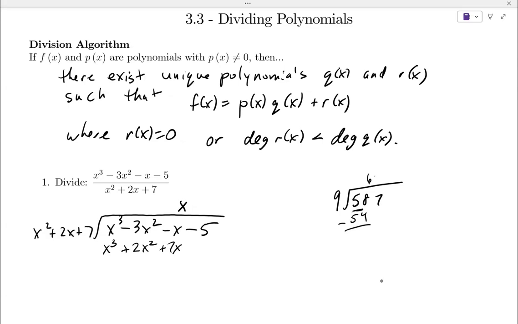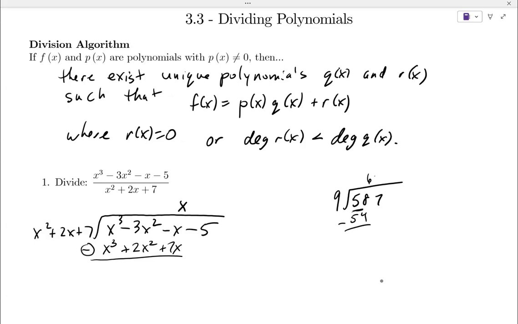And then subtract. We'll subtract. Now we have to be a little bit careful, and this is why I put a circle around my minus. This minus applies to everything here. So make sure that when you do the minus, you subtract each of the terms. It'll flip all the signs. X cubed minus x cubed gives you 0.